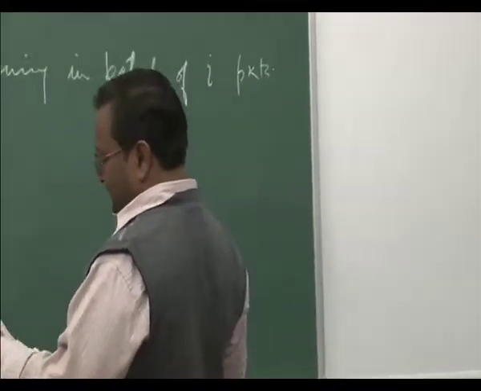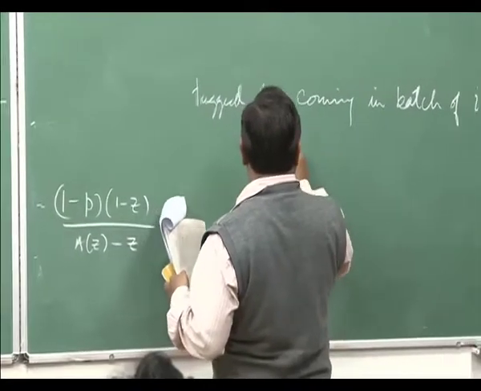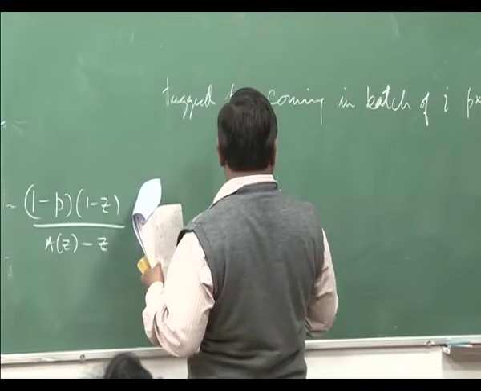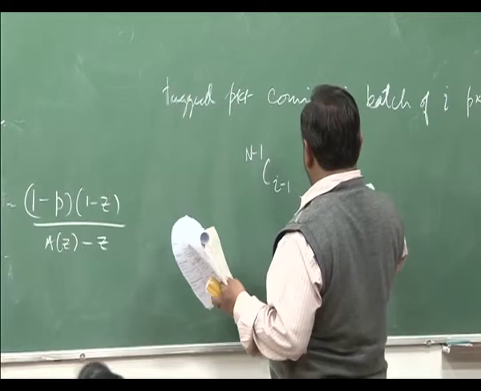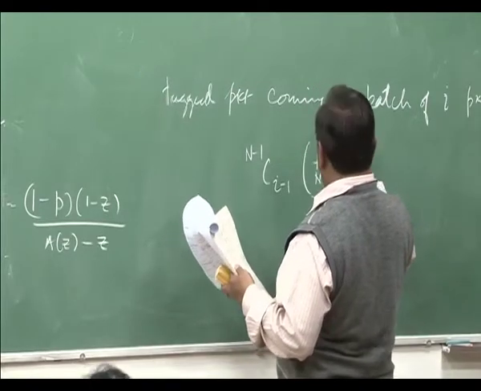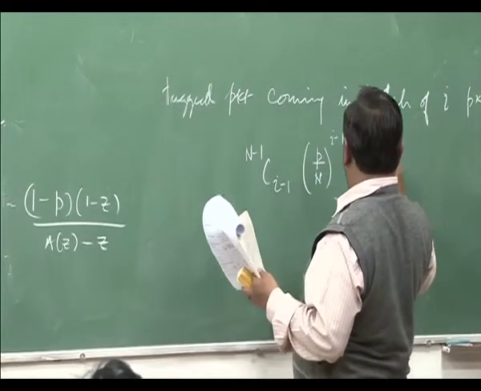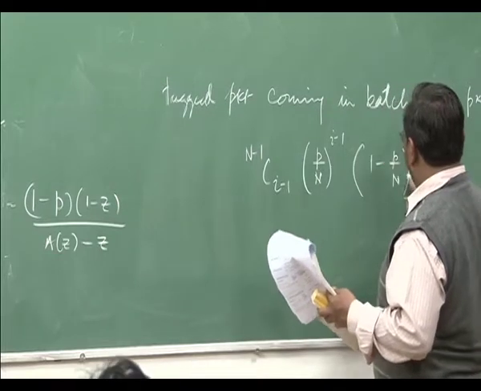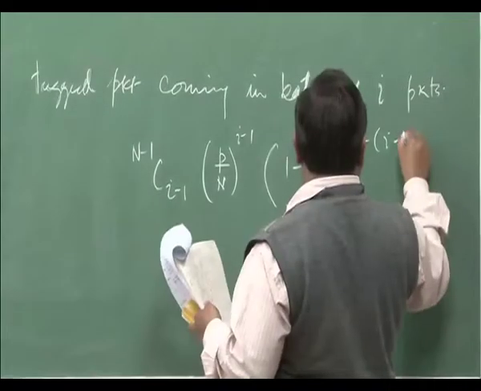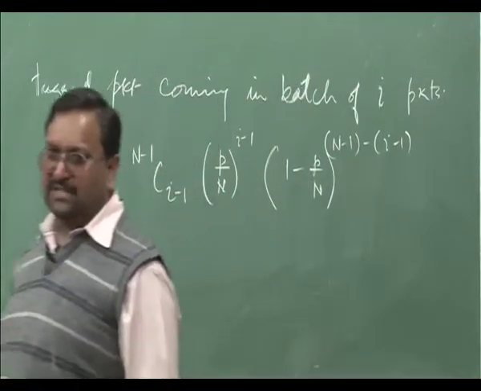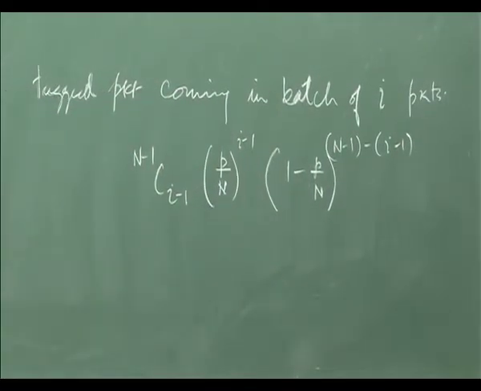So, this actually means you will have (n minus 1) C (I minus 1), p by n to the power I minus 1 as the possibility. This is the probability with which your packet will be in the batch of I packets.